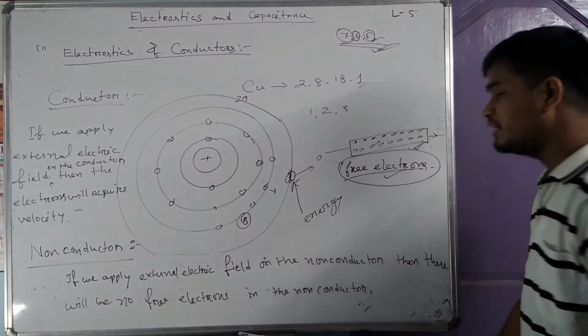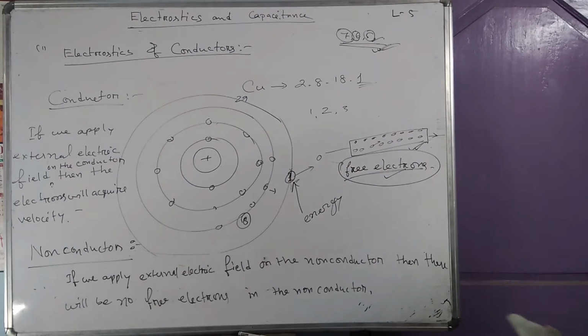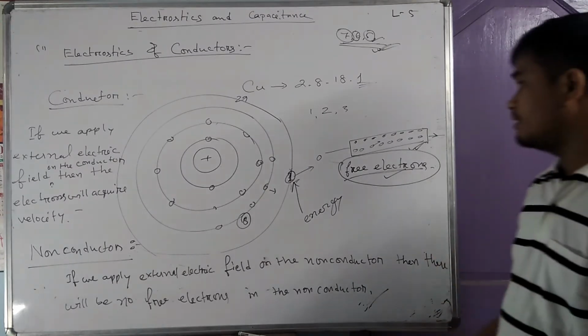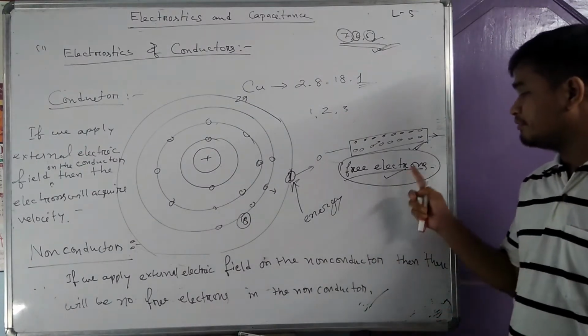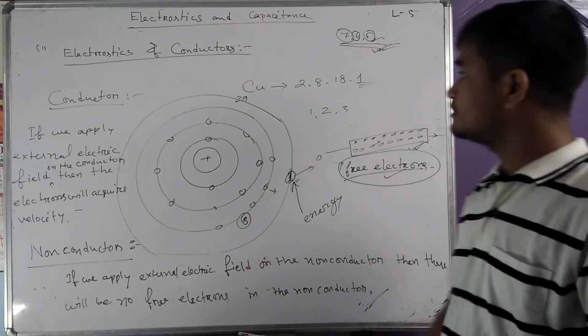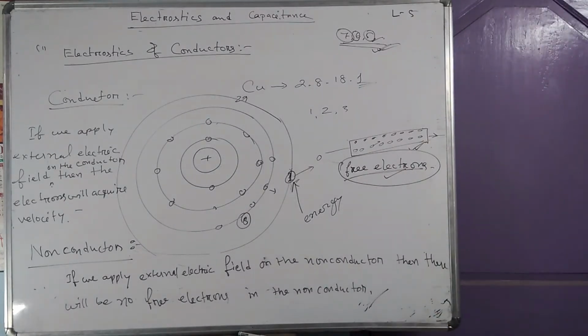If there are no free electrons, then there will be no scope of velocity. Clear? These are metals, conductors and non-conductors, and the free electrons and bound electrons. Clear? Next we are moving to the properties.